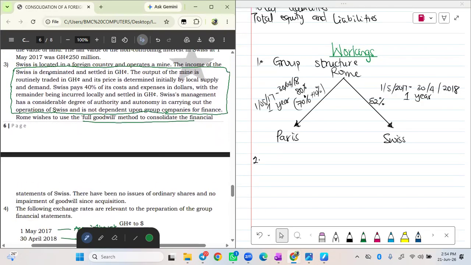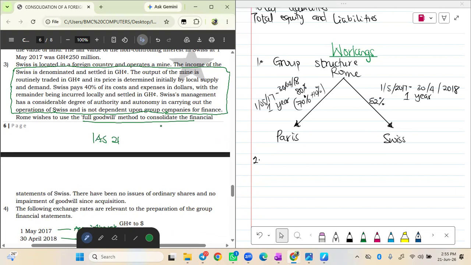Right. So if you read what I have circled here, you see that all the information we have here, we learned in IAS 21. If you remember, we learned the determinants of functional currency. We said that presentation currency is by choice. You can choose to present in dollars, cedis, euros, whatever.